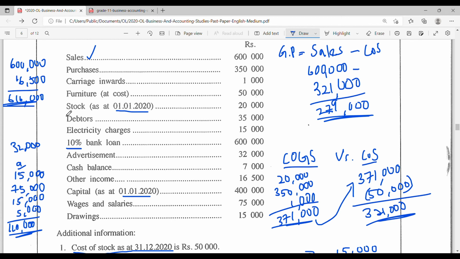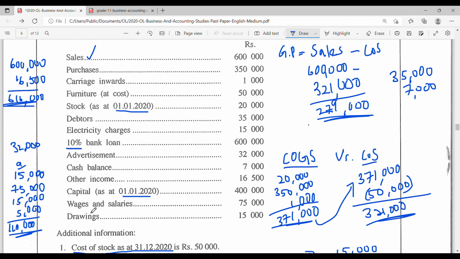Can you get opening stock here? No, you have already accounted for the opening stock under cost of goods sold. You have debtors which is 35,000, okay, that is a current asset. So you will bring here 35,000. Bank loan current liability, cash balance of 7,000, yes, that again is a current asset.